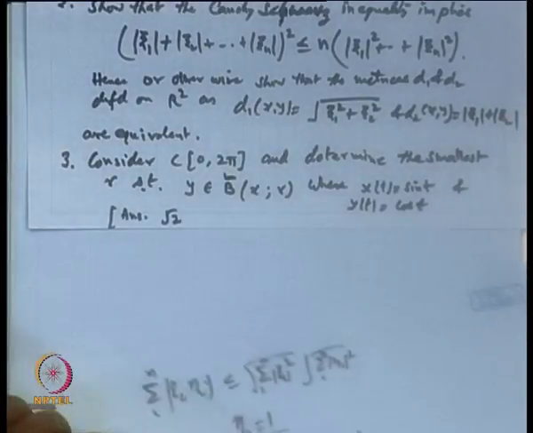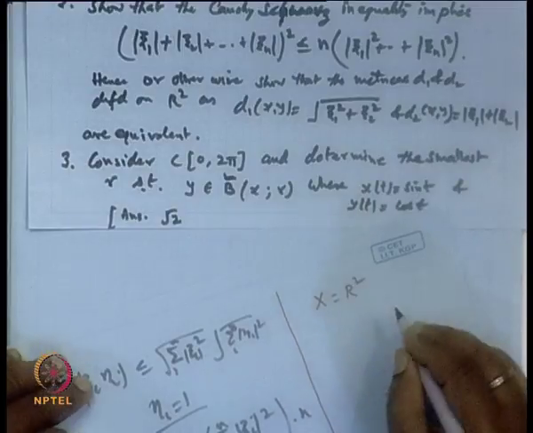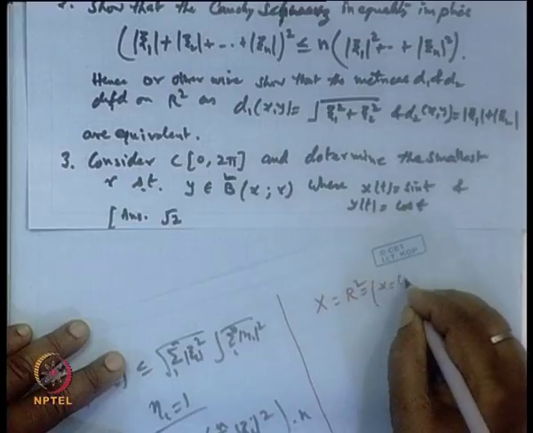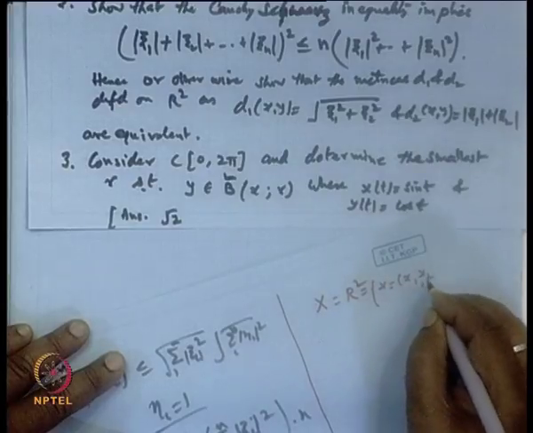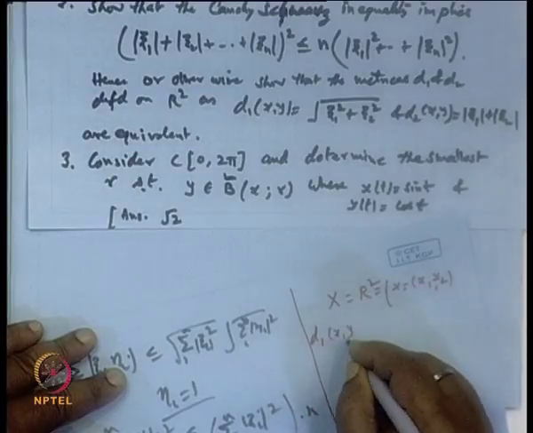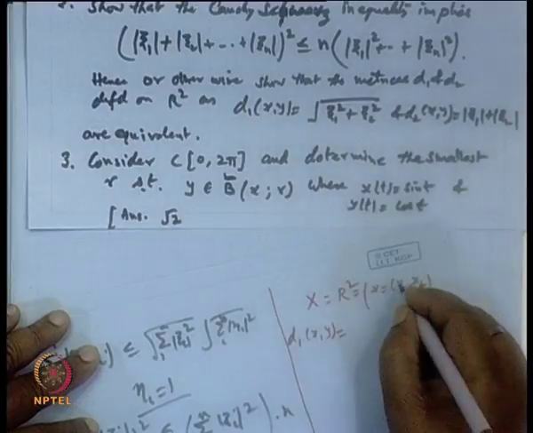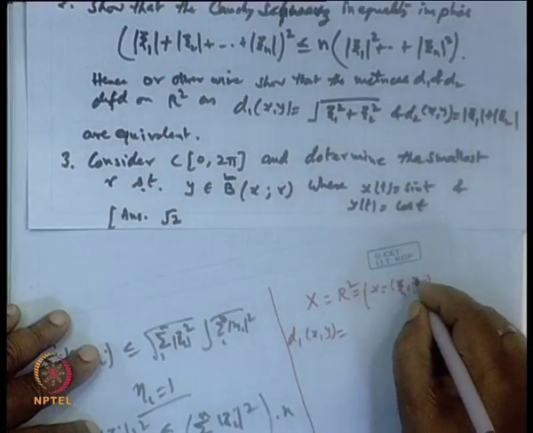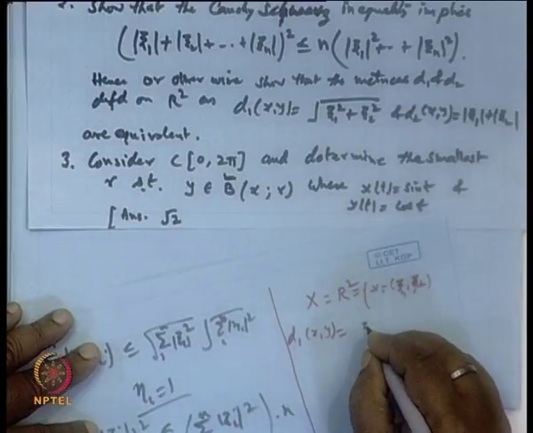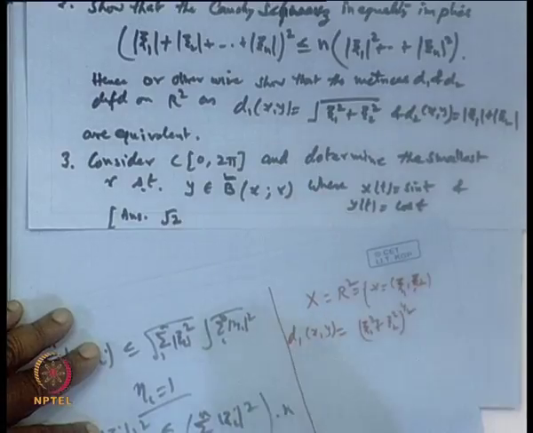So, what it says is that if we take X to be R2, the two dimensional space, where the elements are (x1, x2), and define a metric d1(x, y). One metric is defined as the square root of the sum of squares, raised to the power half.